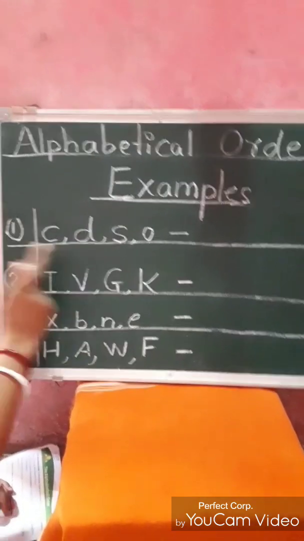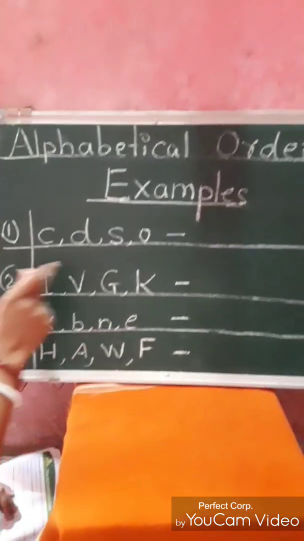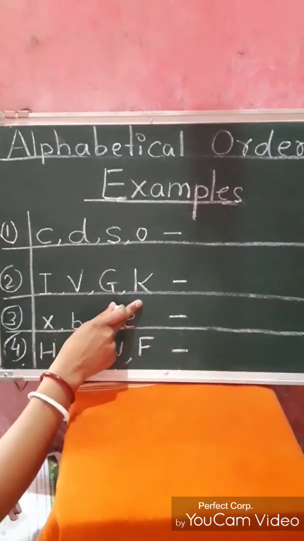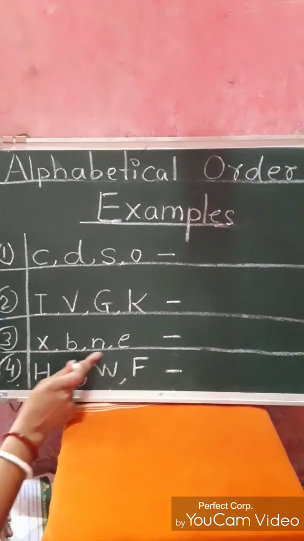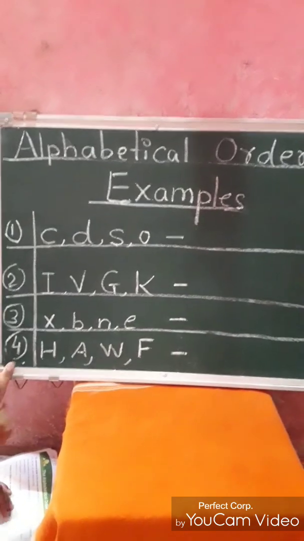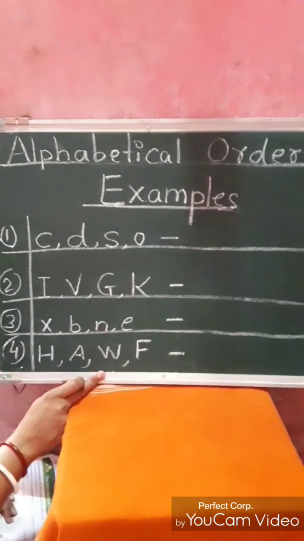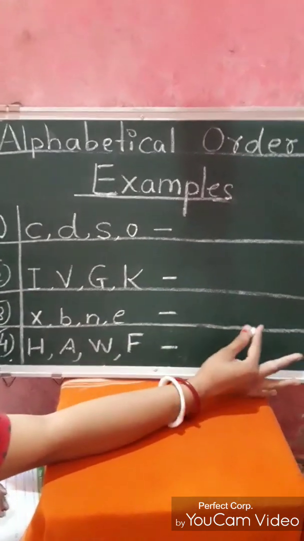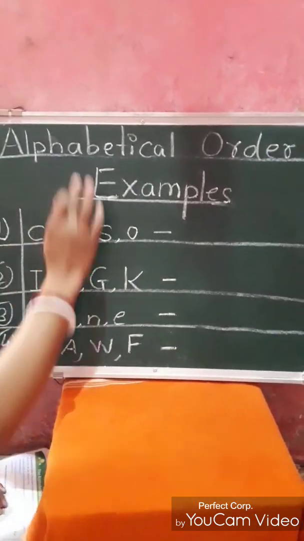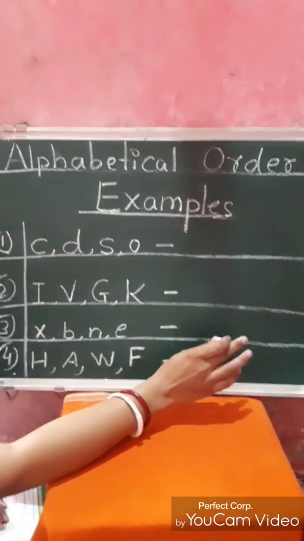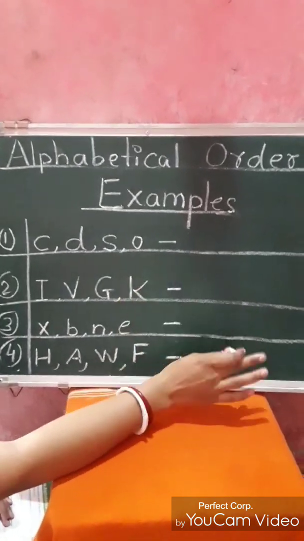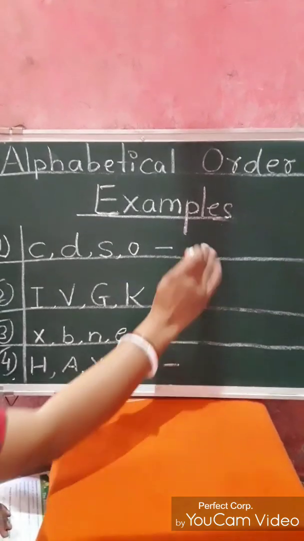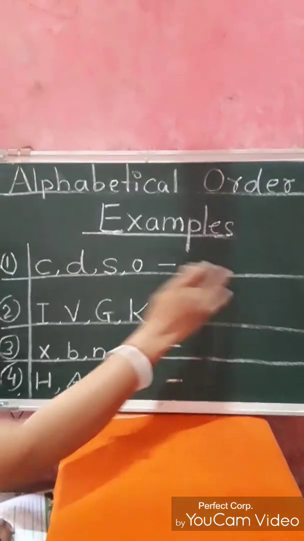In number 1 I wrote different small letters. In number 2 I wrote capital letters. In number 3 I wrote small letters, and in number 4 I wrote capital letters. On the left hand side I wrote the letters, and I kept the right hand side blank. So on the basis of our knowledge about alphabetical order, we are going to arrange these letters in their alphabetical order on the right hand side. So start.